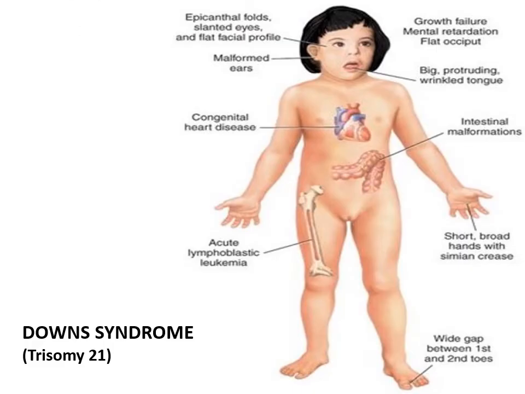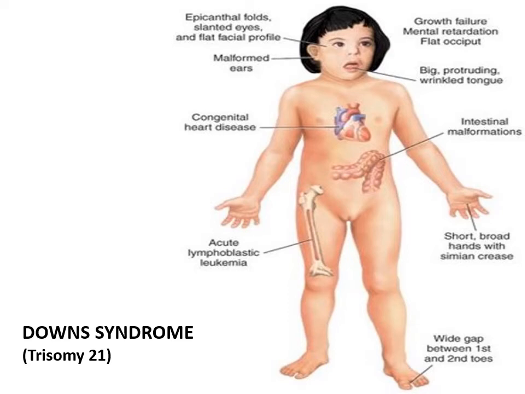Okay, so here's some more characteristics of someone with Down syndrome, trisomy 21. The growth failure we spoke a bit about, the mental retardation. The epicanthal folds are the tissue around your eye. Their folds are different, so it gives them a characteristic facial feature.